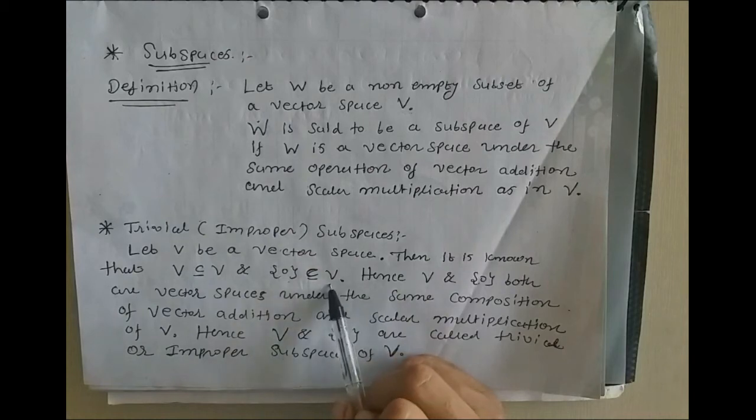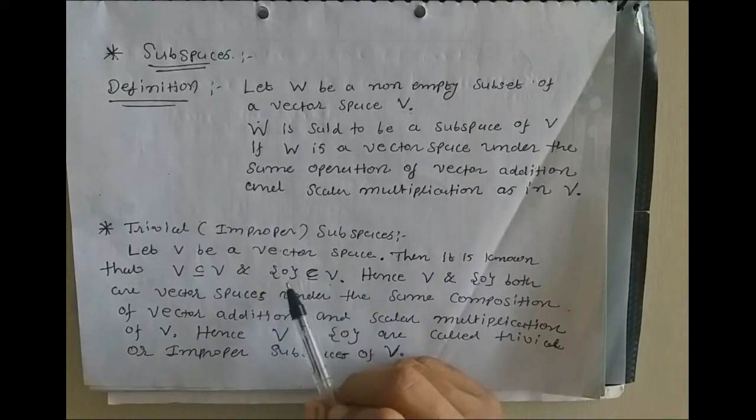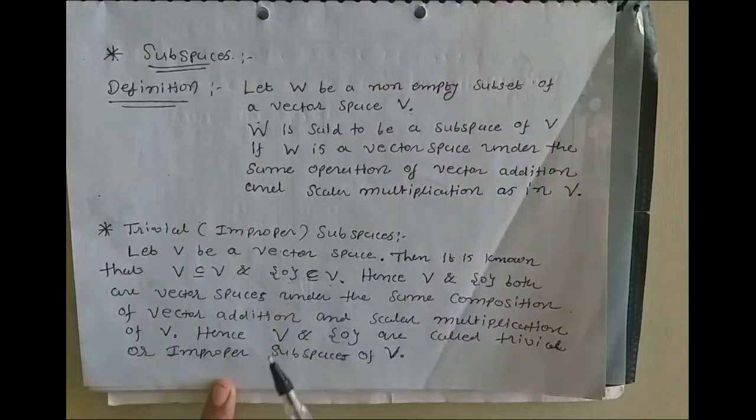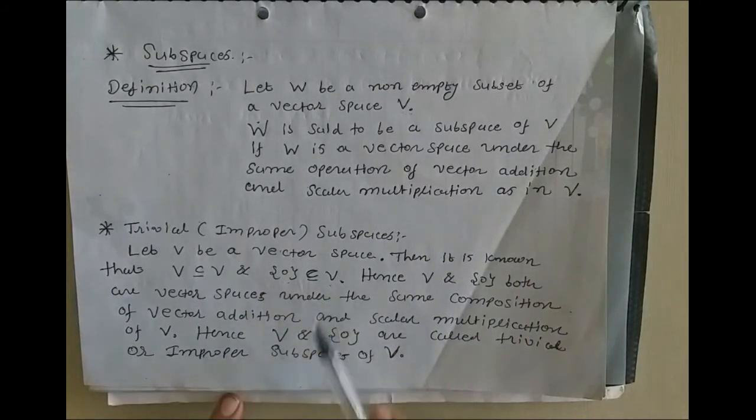It is also a non-empty subset of V, and singleton 0 also satisfies all the properties of being a vector space. So, singleton 0 is also a subspace of V.